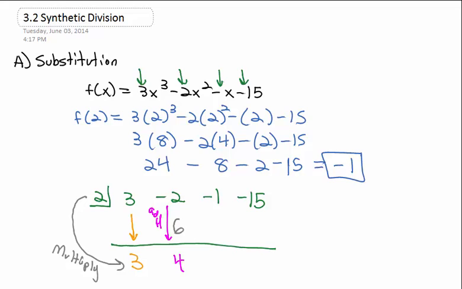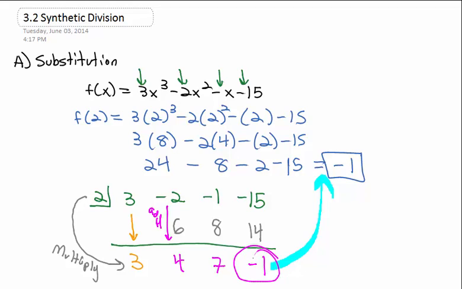We multiply 2 times the 4, which is 8, and when we add negative 1 plus 8, we get 7. Then we multiply 2 times the 7, we get 14, and when we add negative 15 plus 14, we get negative 1. Notice this last number we ended up with is the same number we got when we plugged in the 2.